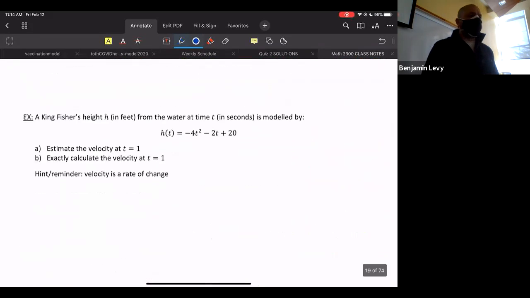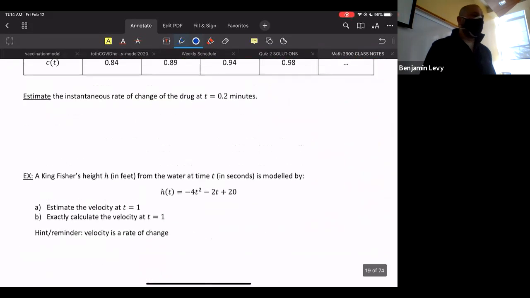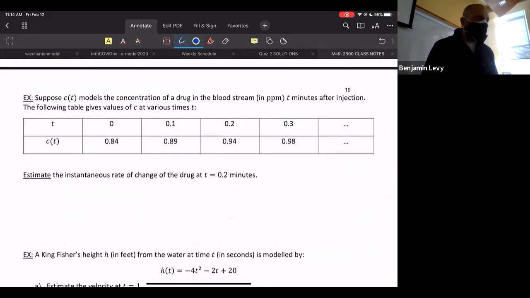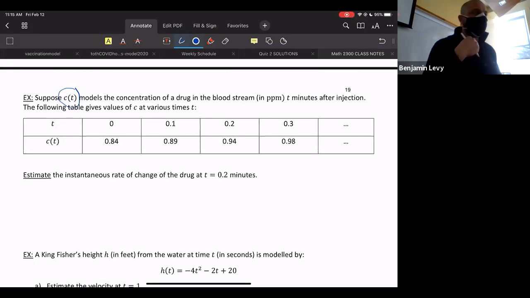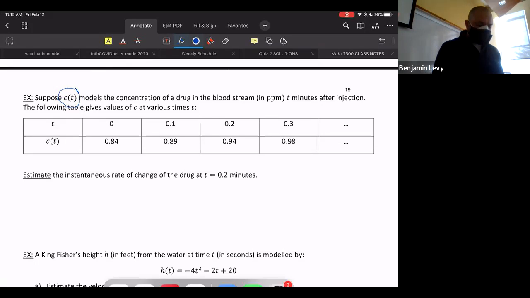Some of the ones in the homework sometimes have a table, for example. In this particular example, we're thinking about C being some concentration of drug in the bloodstream. I always do the example: you have a headache, you take Advil, it takes a while to go into your bloodstream, right? It's being measured in parts per million, and T is given in minutes.